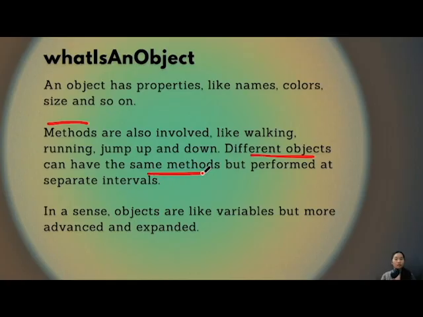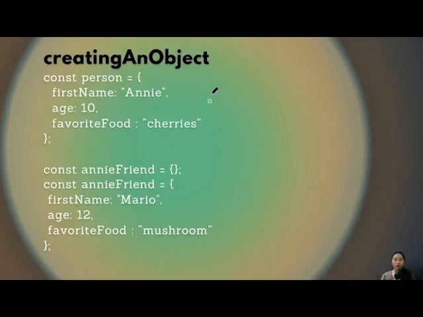Same thing, but different time, separate intervals. In a sense, you can see objects as variables, but way, way more advanced and expanded. Since variables only hold a single value, objects can hold as much as you can put in there, as much as relevant, okay?